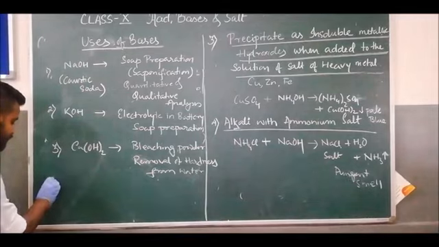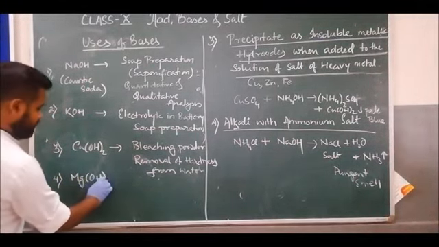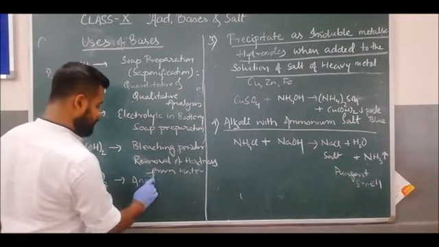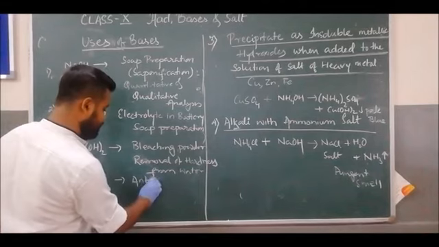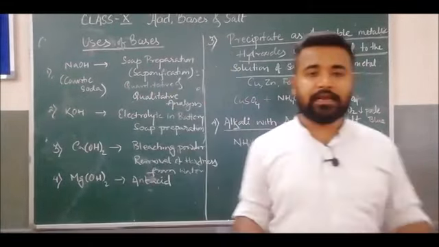And last, fourth is magnesium hydroxide, which is used as an antacid, also called milk of magnesia. Milk of magnesia is mainly used as an antacid.